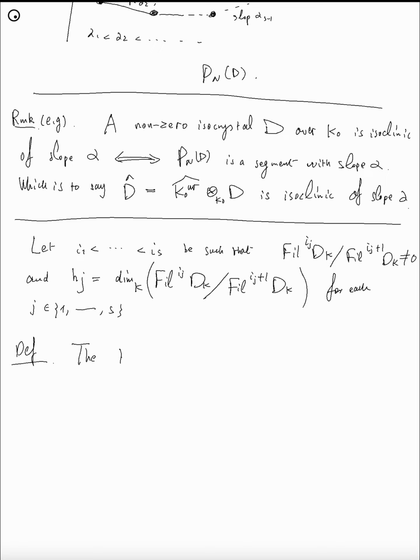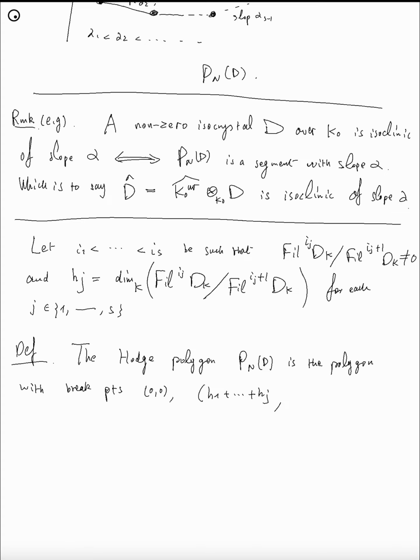Now let's define the Hodge polygon. P_H of D is the polygon with breakpoints 0, 0, and similar as before for all the hj, with j coming from 1 to s.